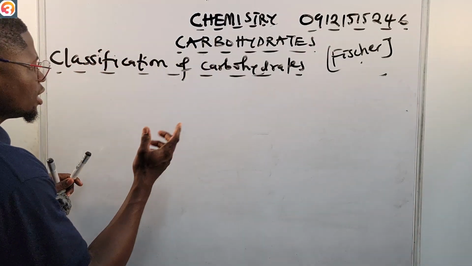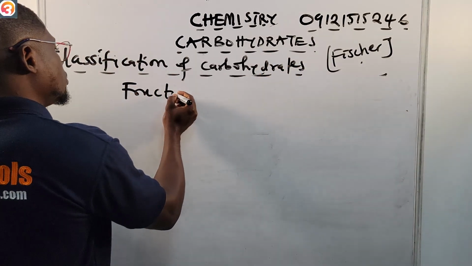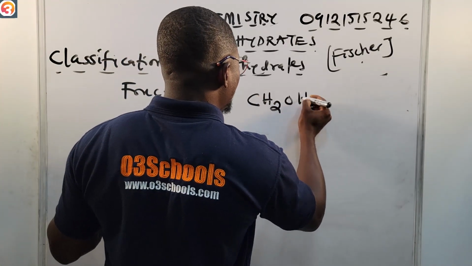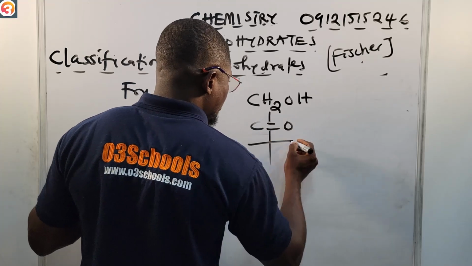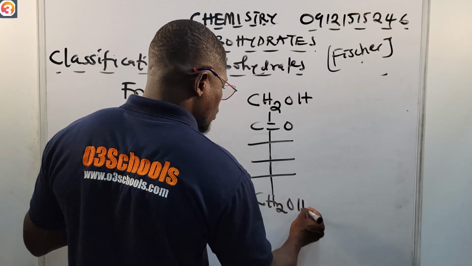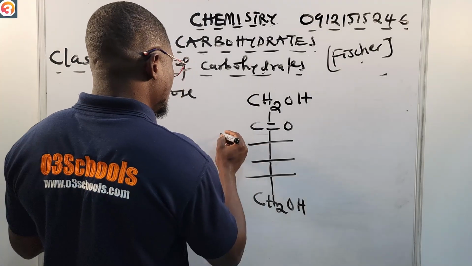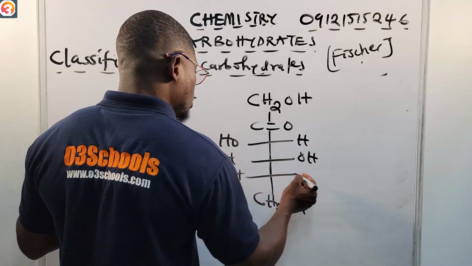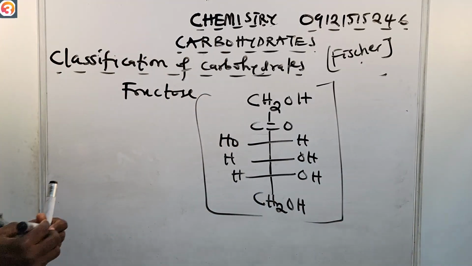This is the drawing of the structure of your fructose: CH2OH, then C double bonded to O, then 1, 2, 3, then down here CH2OH. Every other thing is the same: HOH, OH, OH. This is your fructose.